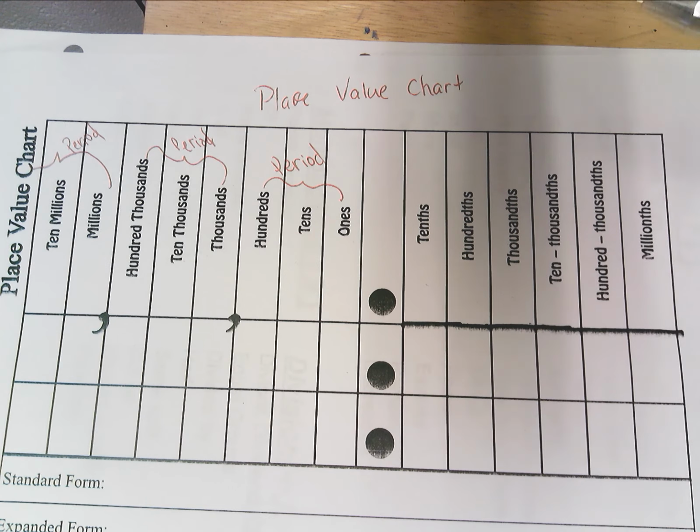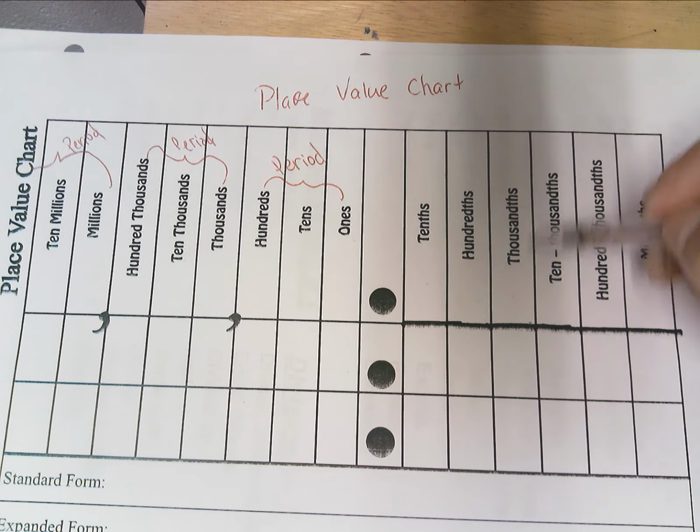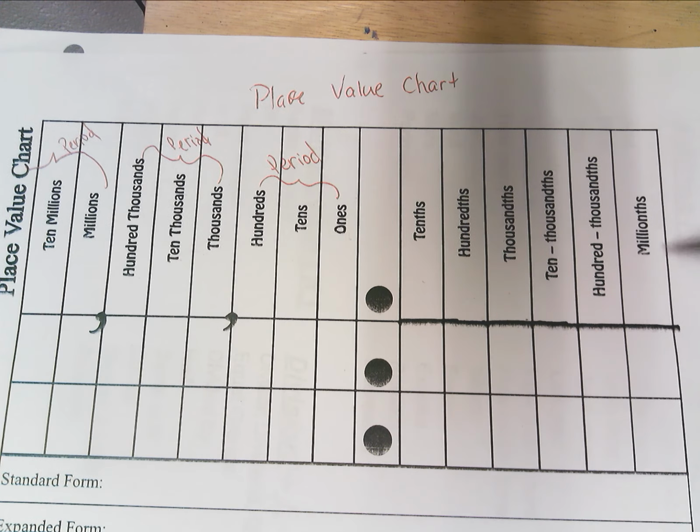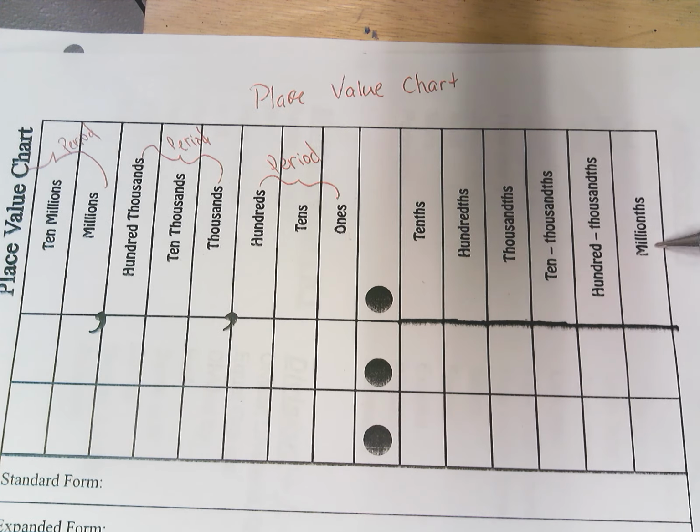The pattern is still going to continue. Here, you see the only difference is we don't have a one. We can't break one whole one into a part, but we can break one whole one into tenths. We can break it into 100 pieces, 1,000 pieces, 10,000 pieces, 100,000 pieces, millionths, 10 millionths, 100 millionths pieces.